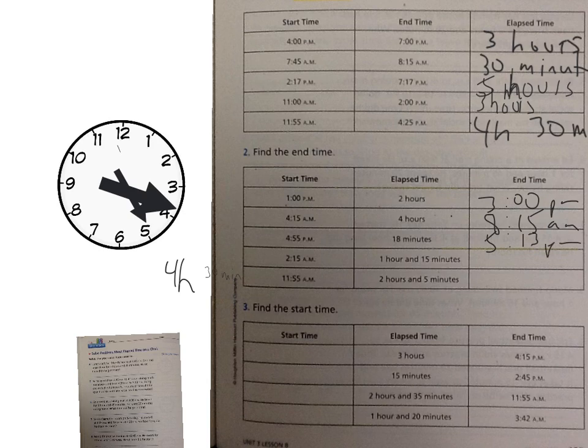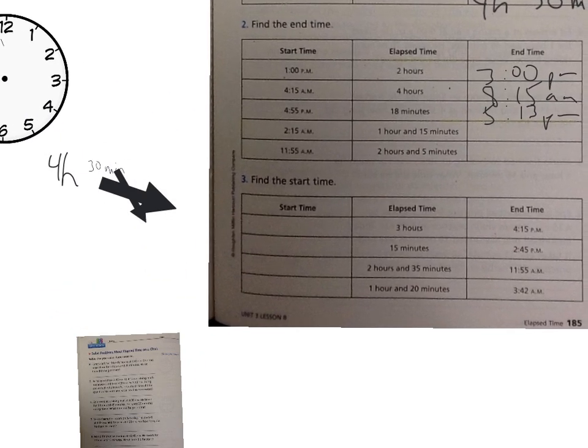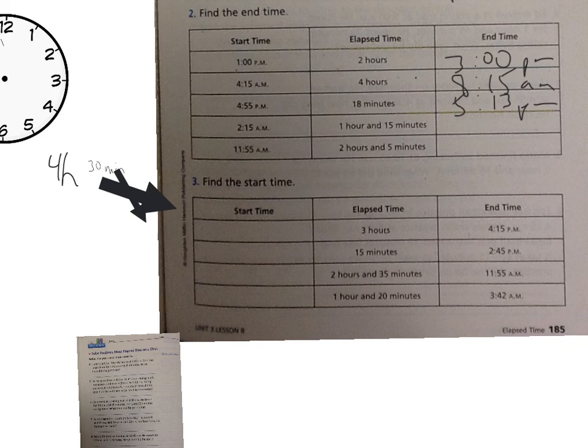Okay, so I want you to work on the next two when we're done. I want to show you quickly here how to find the start time, because this is when you have to go backwards. Something that took 3 hours and ended at 4:15, so you have to go back 3 hours.